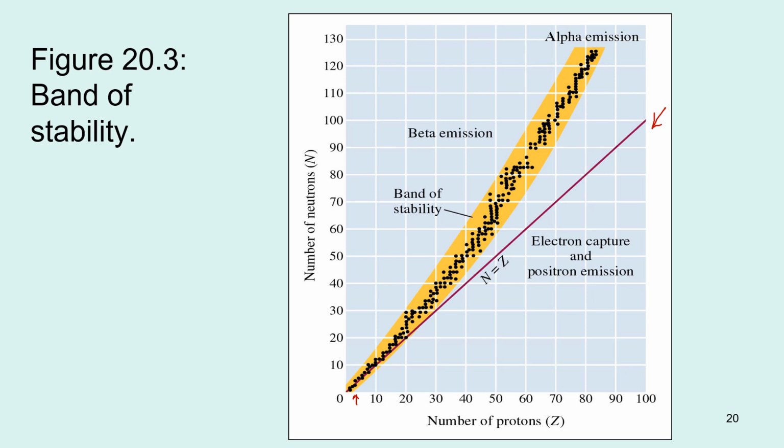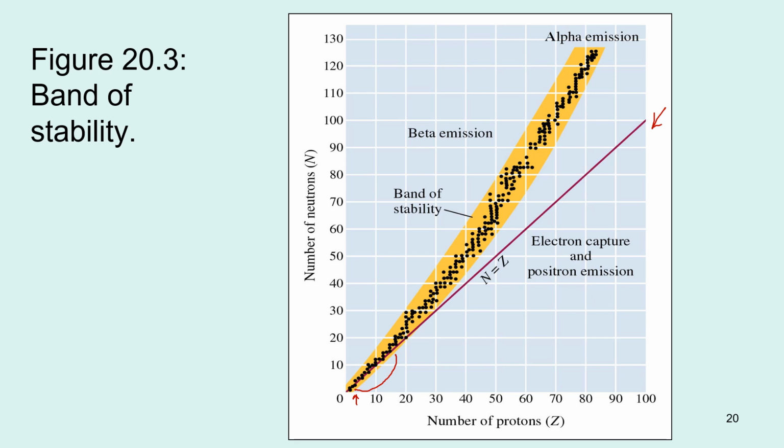Oxygen has 8 protons and 8 neutrons. Nitrogen tends to have 7 protons and 7 neutrons, and so forth. So for some of the smaller elements, the protons and neutrons are the same, and you can see that along this red line, all the way down at the bottom here, the stable elements, which are all these black dots, tend to have protons equal neutrons.